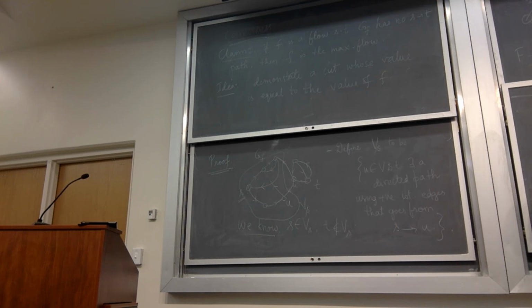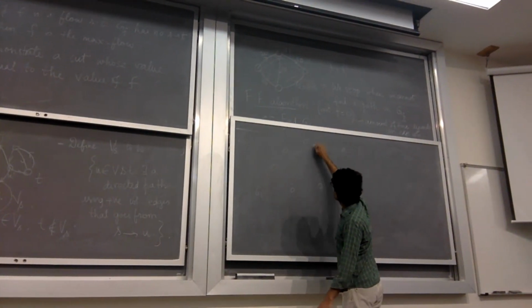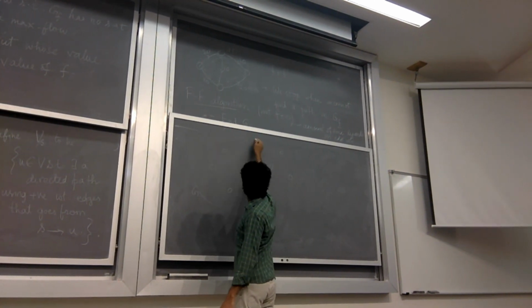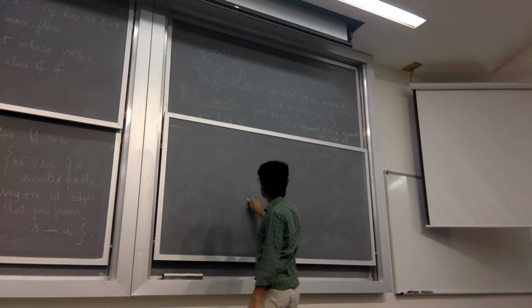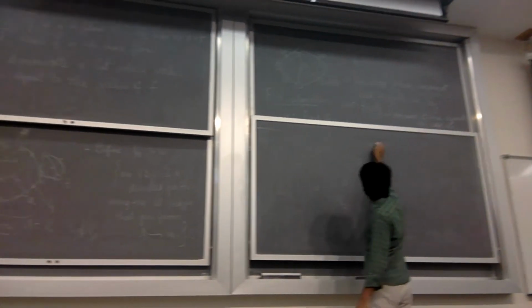So let's look at G, but now the vertices are all you have. It's maybe tough for me to do without actually seeing. So these are the vertices in V sub S, and these are the rest.